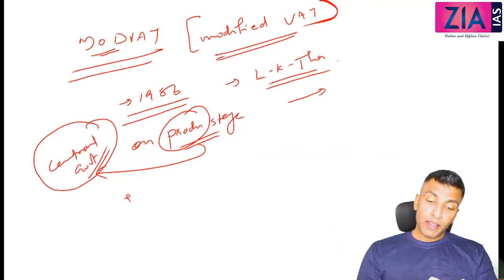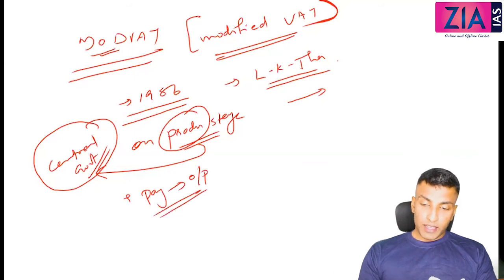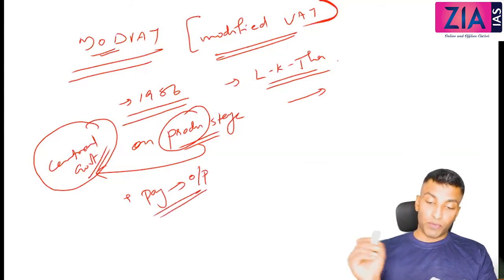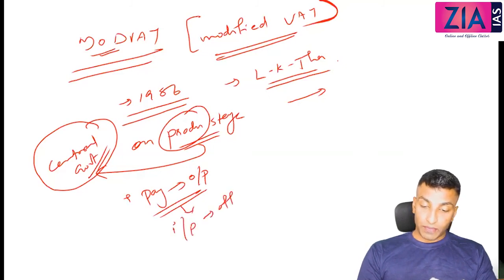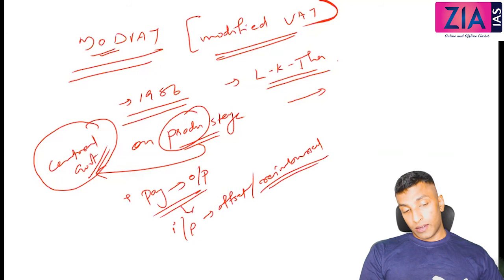So you will pay for the output, not for the value addition. But what will be done? The taxes paid on input can be offset or reimbursed. Mostly it will be reimbursed only, or at the time of payment it will be offset.